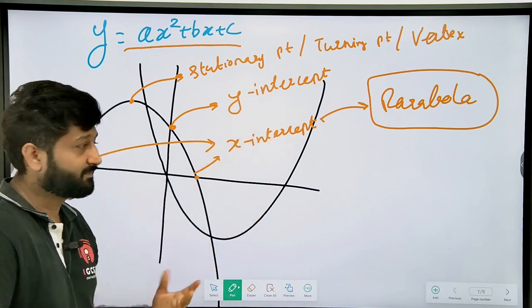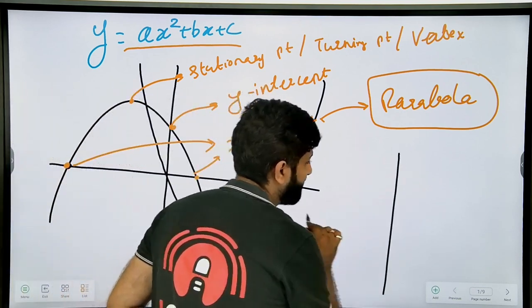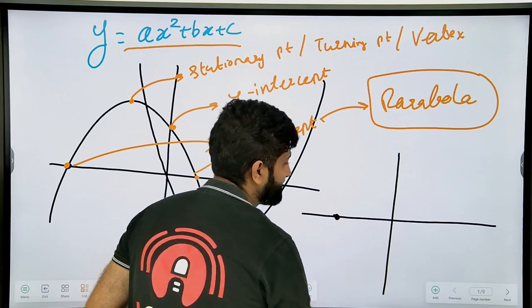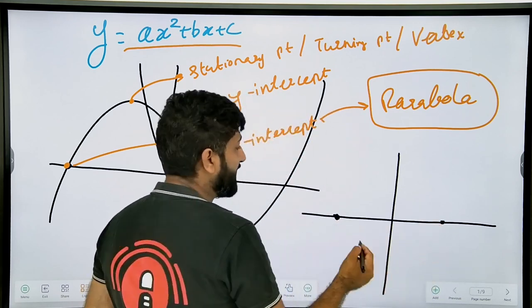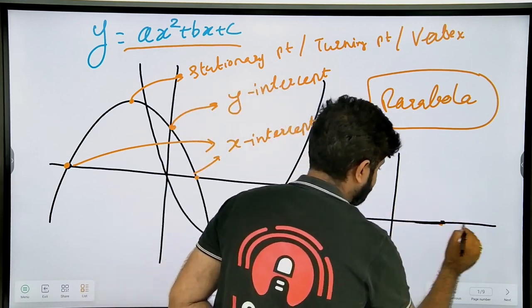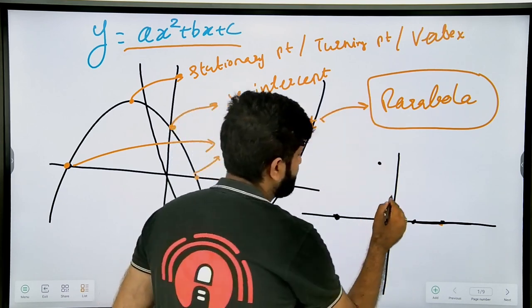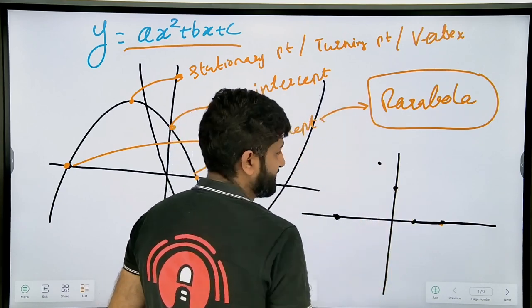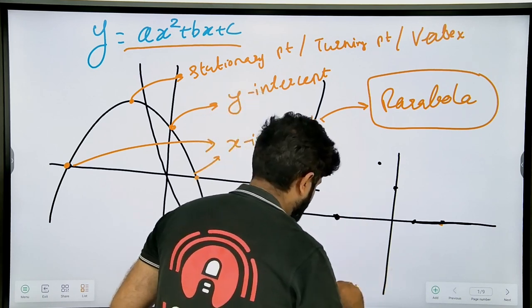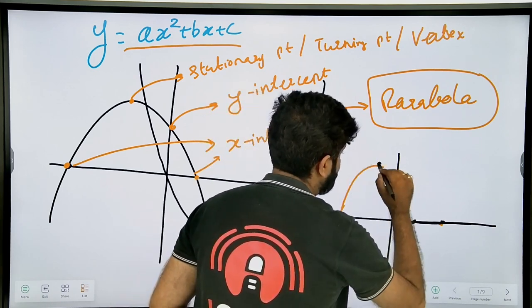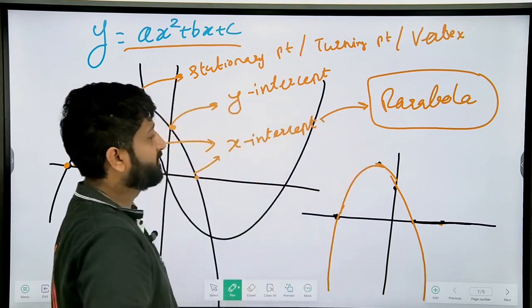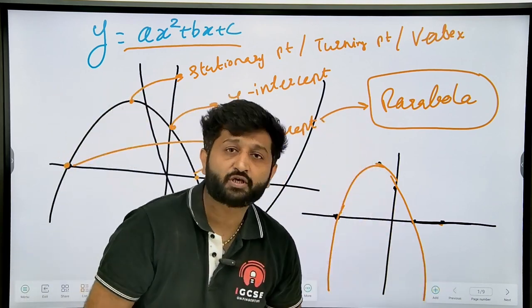Let's say this is my x-intercept, this is my y-intercept, and this is where my turning point is. Using these 4 points, I can simply draw a U-shaped curve.